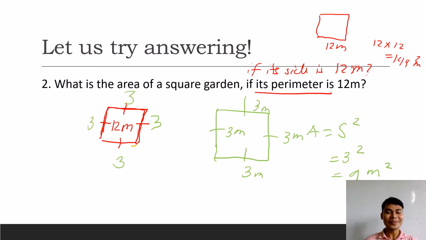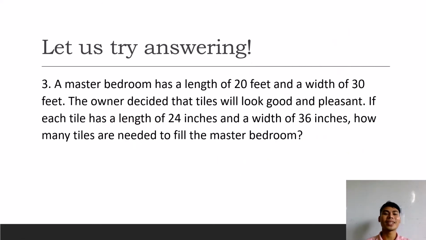Okay? So, let's have the last example. A master bedroom has a length of 20 feet and a width of 30 feet. From that alone, you will have a picture na rectangle to na bedroom. Baka may triangle na bedroom, may circle kayo, circular ang bedroom nyo. So ito, sa given pa lang, you will understand na 20 by 30, it's not a square.